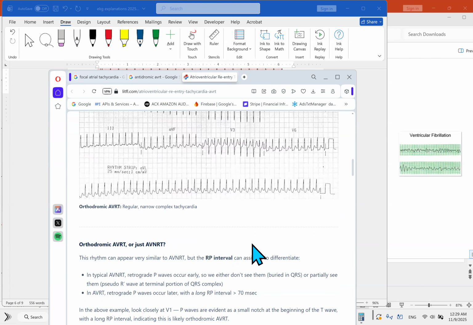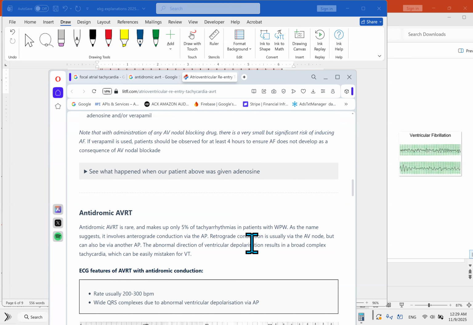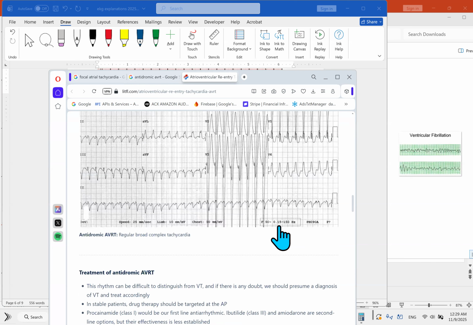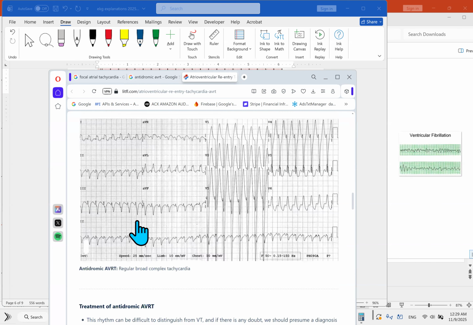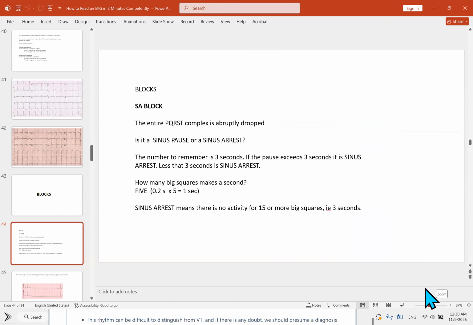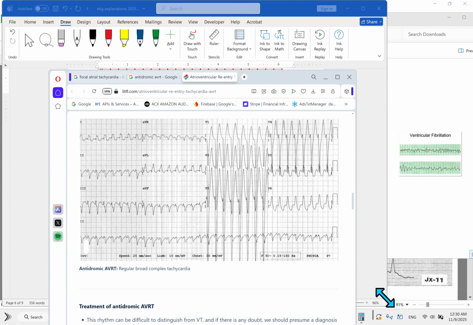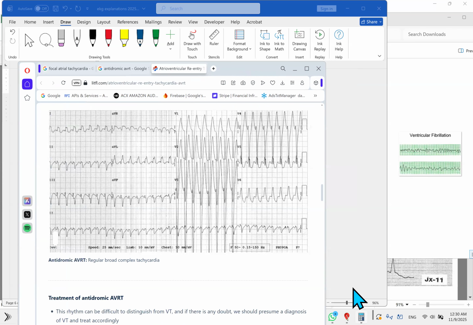When you come to antidromic is where the problem is. Antidromic looks exactly like a ventricular tachycardia. But you can see there's a little notch. Let's zoom in and see if we can make it bigger. Okay, here it is, the zoom button.